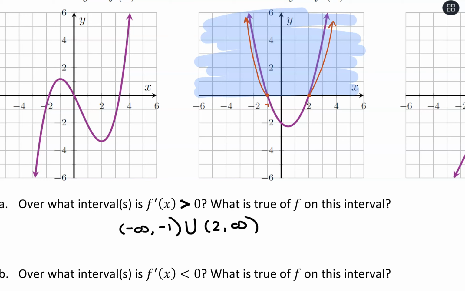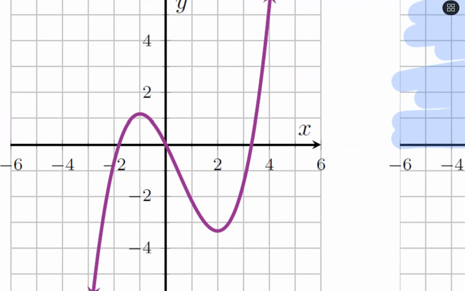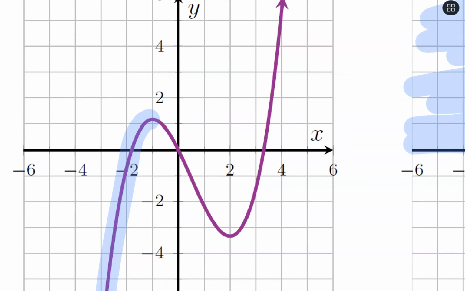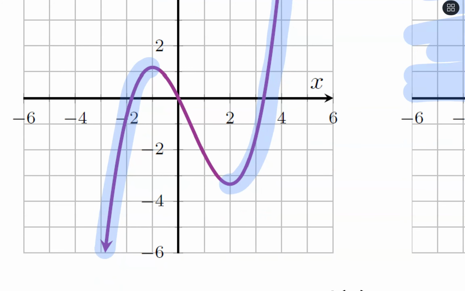So now what we're going to do is go to our original function, f of x, and look at those same intervals. So we're seeing from -infinity to -1 as this piece of our function. And then from 2 to +infinity, we're this part of our function. We want to know, what are we seeing there?